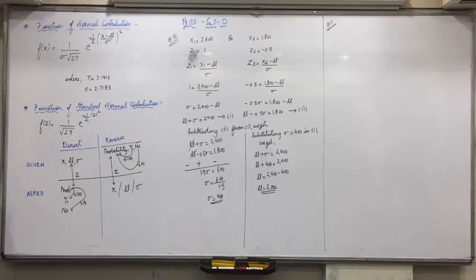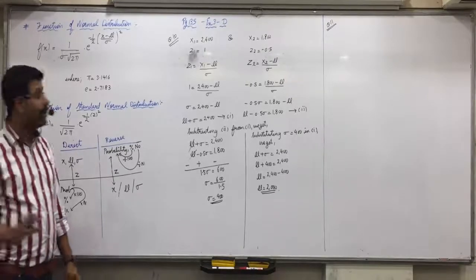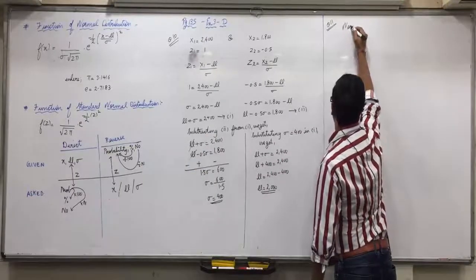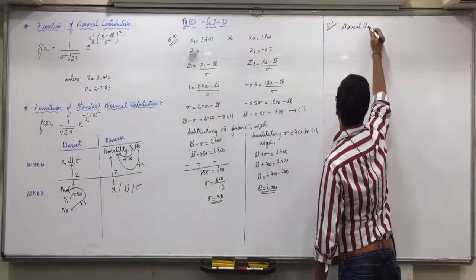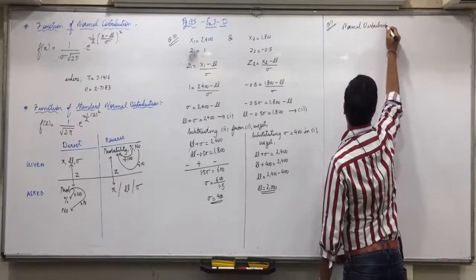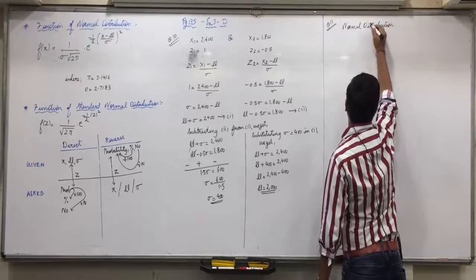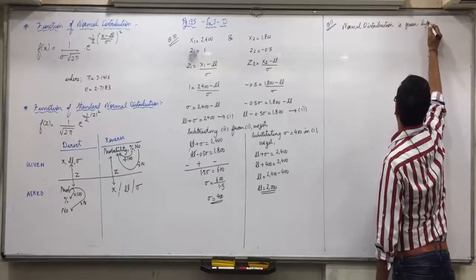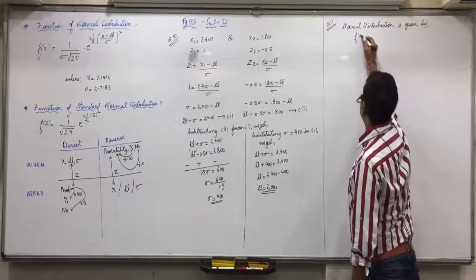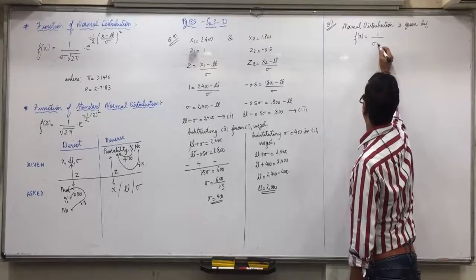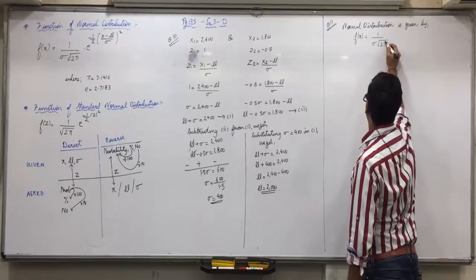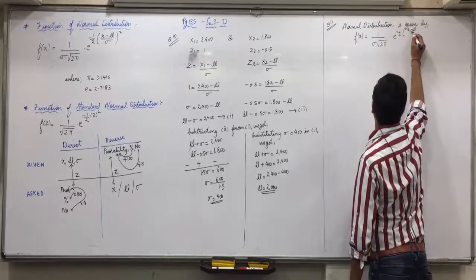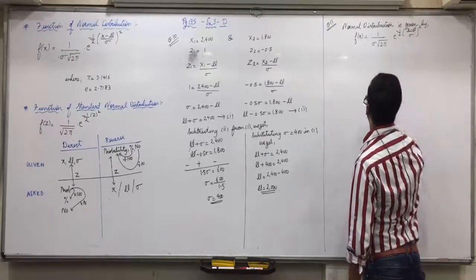So first we'll write that function and obtain mu and sigma. First the actual function right now. Normal distribution is given by f(x) is equal to 1 upon sigma root 2 pi into e raised to minus 1 by 2 ((x minus mu) upon sigma) whole square.